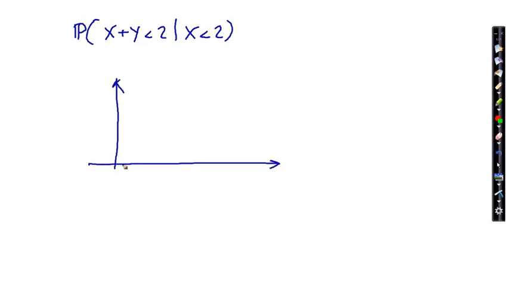So this was our base triangle, with 0, 1, 4, this is 2. X plus y is less than 2 means we are under this line. X is less than 2, we are to the right of this.